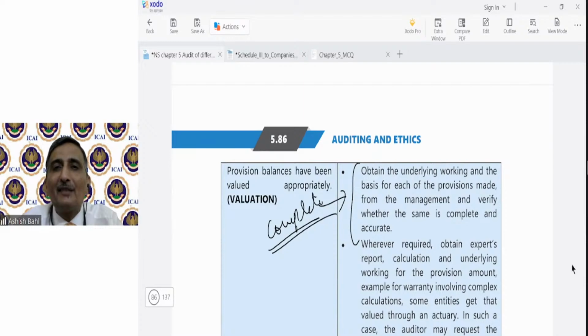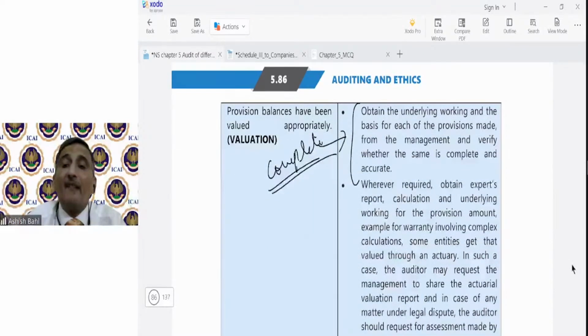Like how the company has arrived at the figure which has been booked as a provision, whether it is similar to the percentage of past experience which the company is getting in the preceding years, or what is the methodology. Wherever required, obtain the expert's report, calculation and underlying working for the provision amount.